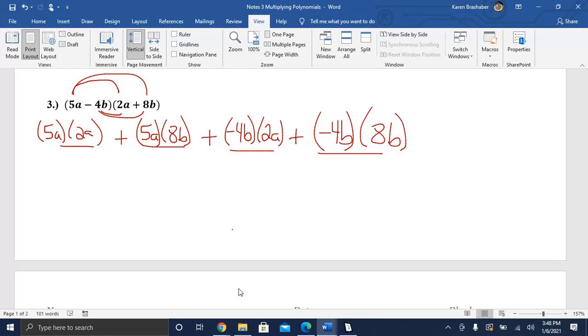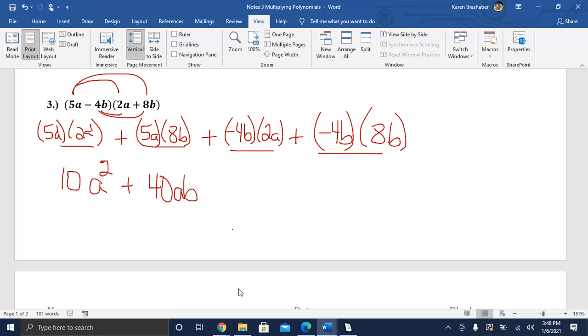And so I'll multiply my 5 and 2 together to get 10, and then the a's have exponents of 1, so I'll keep the a and add the exponents to get a to the second power. Plus, now I'm taking 5 times 8, that's 40, and then I have an a times a b, so I'll just have to write that as ab.